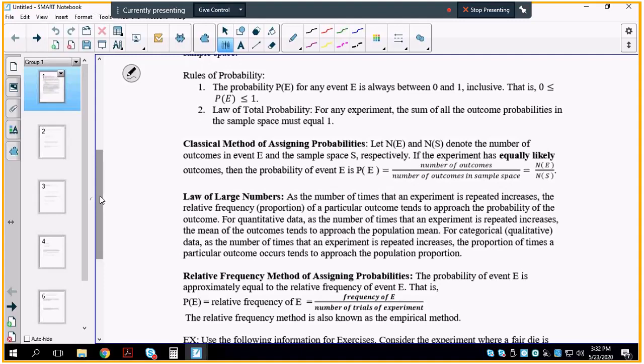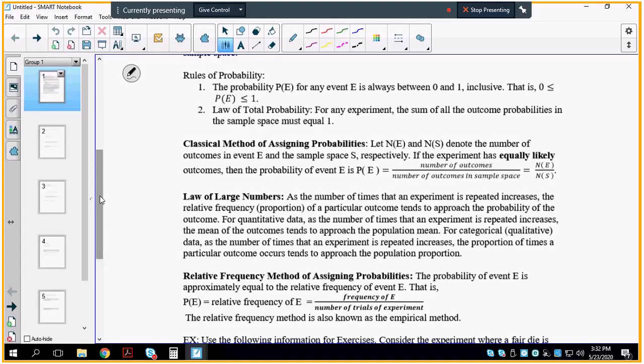Then the next concept is the law of total probability. In an experiment, the sum of the probabilities of all the outcomes must be equal to 1. For example, in our tossing the coin, we have two outcomes, H and T. So if I find the probability of H and the probability of T, the sum has to be equal to 1.